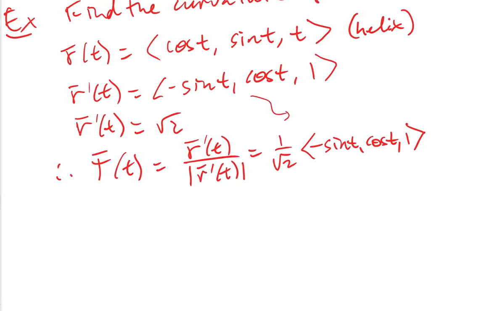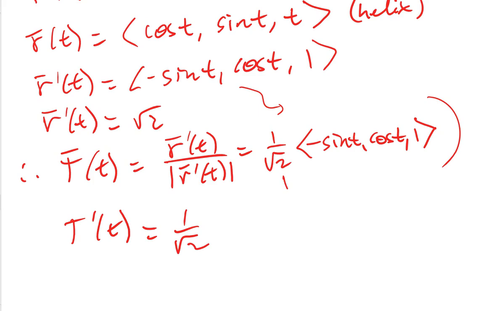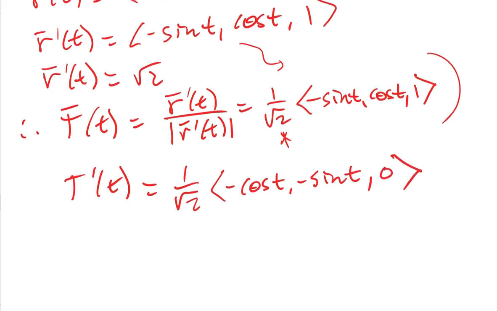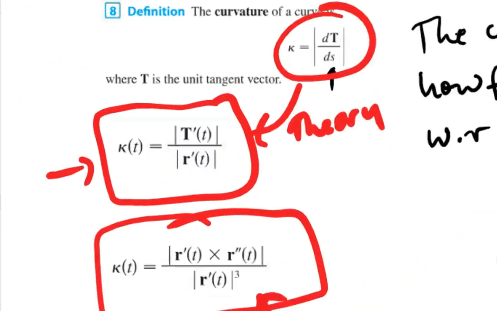Now we're going to take the length of this, so then T prime of t, I'm sorry, we take the derivative, so it's 1 over root 2. When you take the derivative of a vector function with a number up front, you can just bring the number out in front. So the derivative will be negative cosine t, negative sine t, and then 0. Now we take the length of that. What I'm working toward is this formula right here.